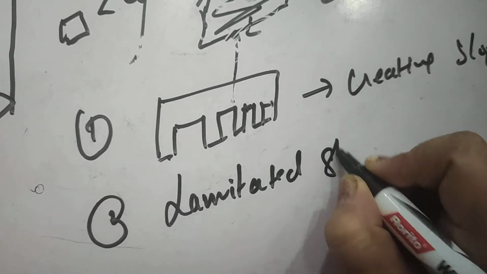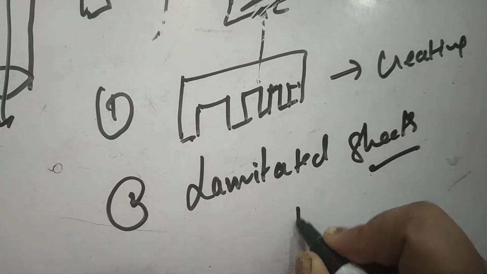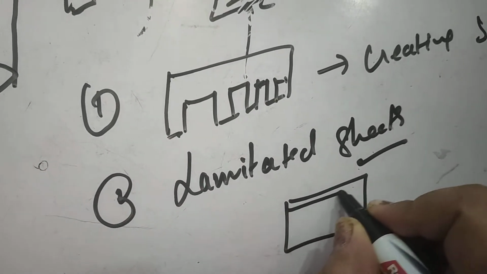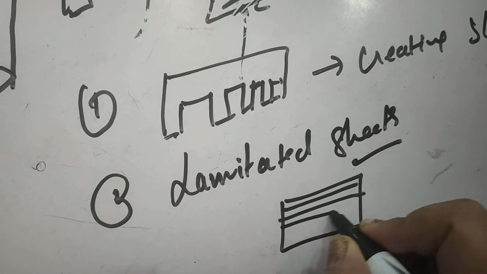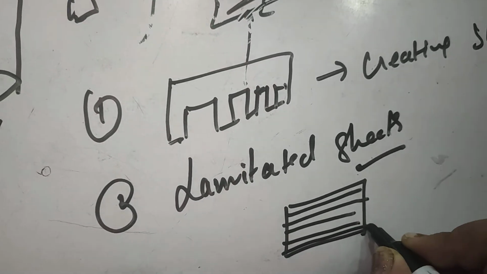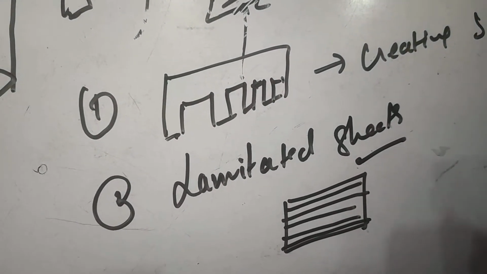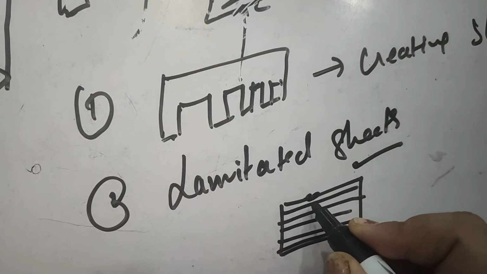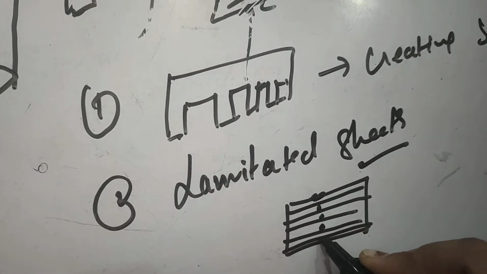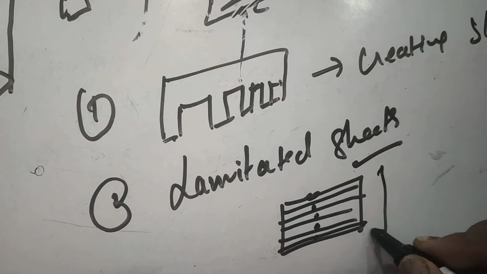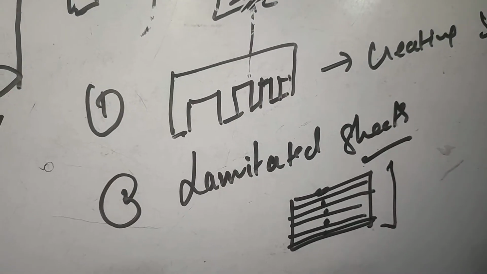We take a frame in which each sheet is laminated with an insulating coating called lacquer. In that case, the eddy current is produced in a particular layer and is confined to that layer only, so it wouldn't add up, and its effect is reduced.